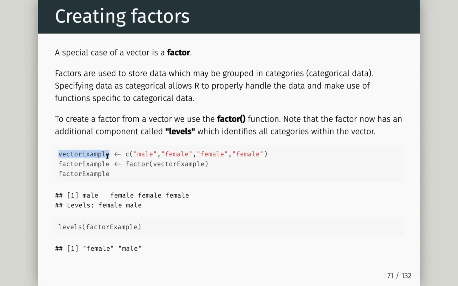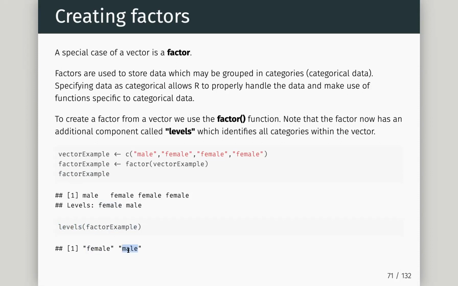If I want to turn that into a factor, I just give my vector to the factor function, and it returns a factor, which looks very much like our vector, except it has a new component, which is levels. If I want to extract the levels attached to my factor, I can call the levels function on my factor, and it tells me I have 2 levels.